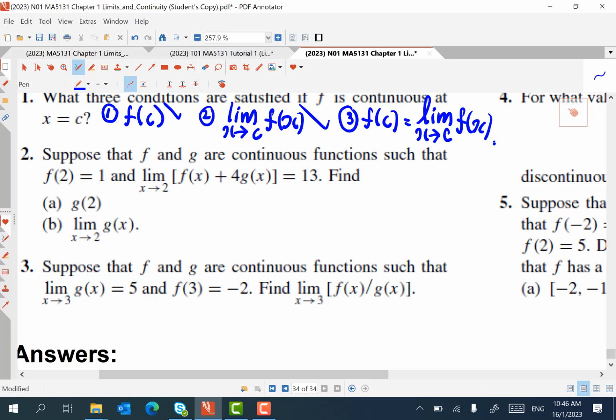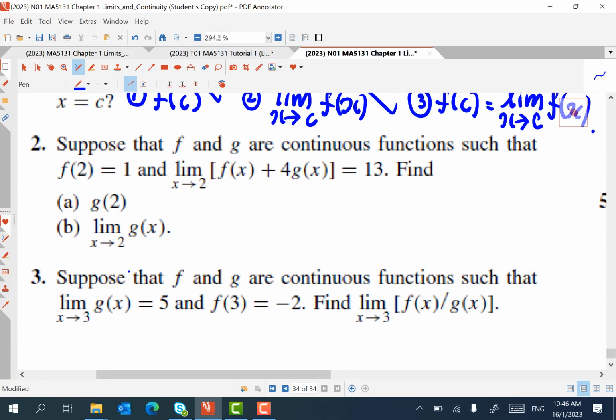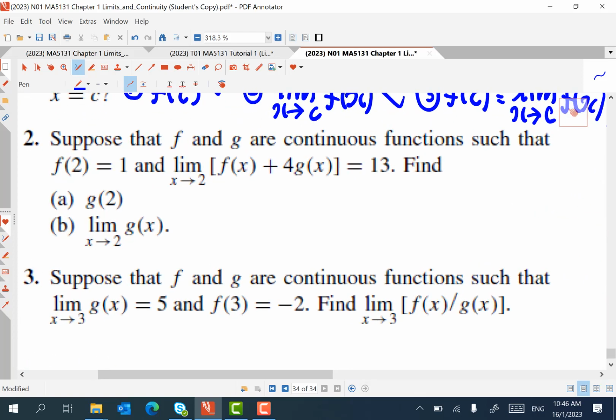Number two, Wen Kai, how should you take us through? f of 2, g of 2. Because both functions are continuous, the individual limits exist.